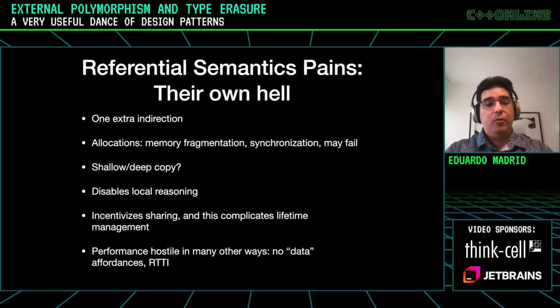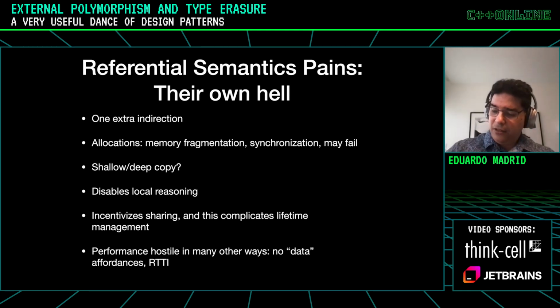Then it poses you questions like when you make a copy of something that refers to something else as an allocation or dynamically allocated object, then are you going to do a shallow or a deep copy? And if you do, for example, a shallow copy because you can get away with it, then you have a problem of shared state. And these problems compound and compound and compound. One thing that Sean Parent mentions very clearly is that this disables local reasoning.